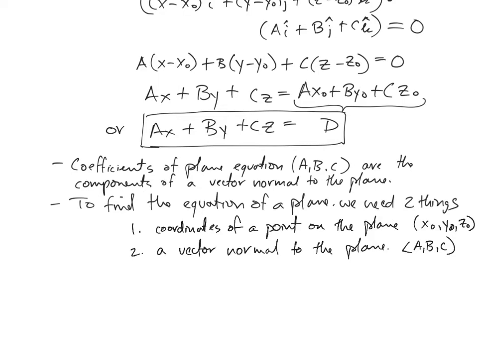If the plane we're trying to write the equation for contains the origin, which means one point on the plane is 0, 0, 0, what does our plane equation become?